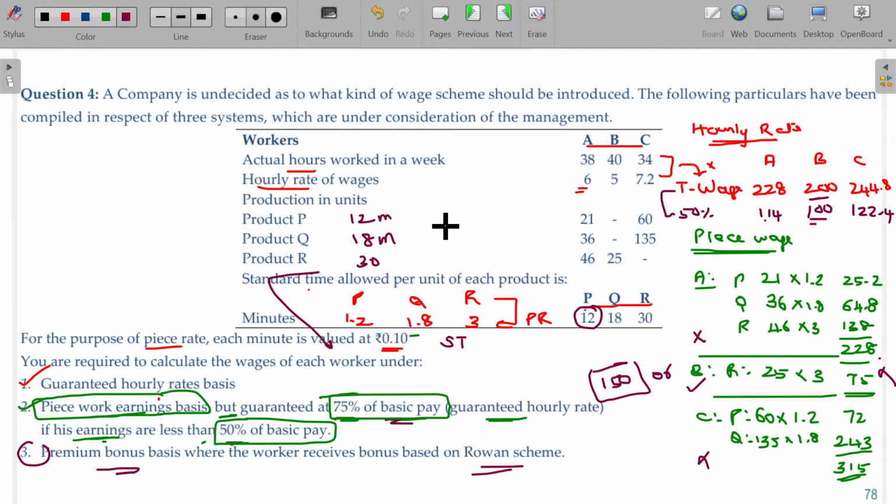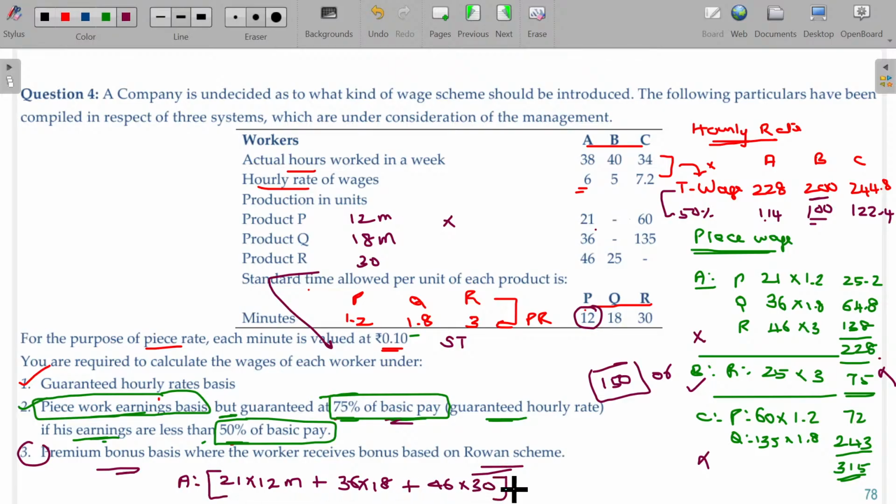Standard time is this one multiplied with the number of units. I'll work out here for A: 21 into 12 minutes plus 36 into 18 minutes plus 46 into 30 minutes.